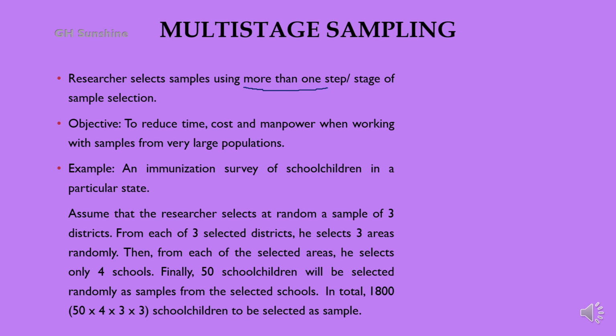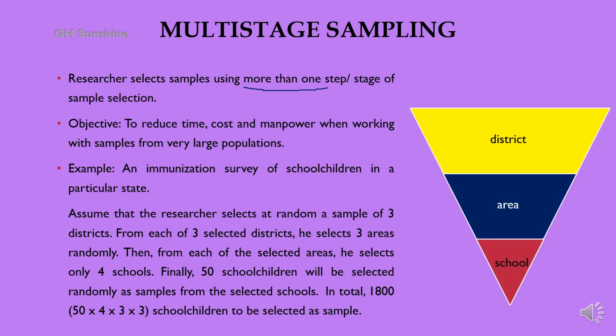In total, 1,800 school children are selected as the sample, which is illustrated like this. From district reduced to area and then reduced to school. So it involves more than one step of sample selection. So this one, multistage sampling technique.